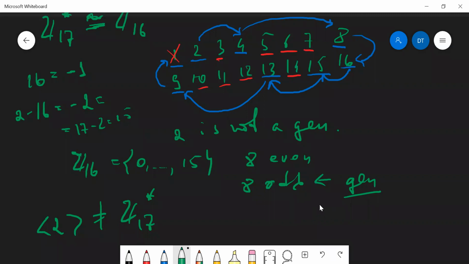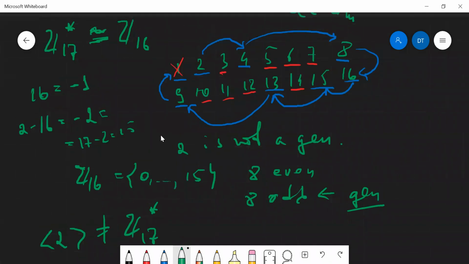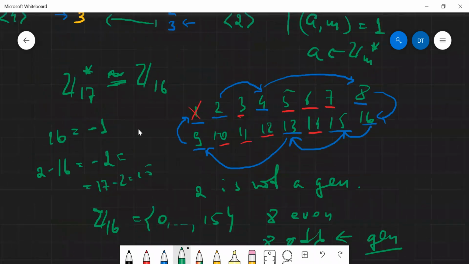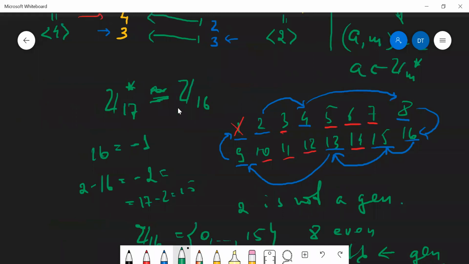I didn't understand the connection between the number of generators and isomorphism. Okay, but the rest of that, is it clear? Okay, yeah. So if I explain how I computed the number of generators, then it will be clear to you, I hope. So you see, this group is isomorphic to this group. So these are exactly the same groups, but they are presented in a different form.